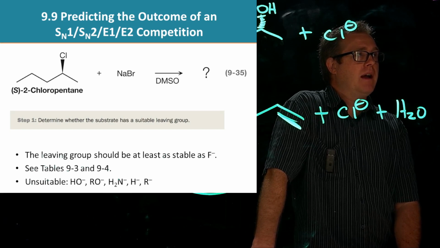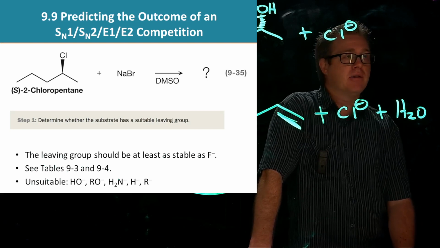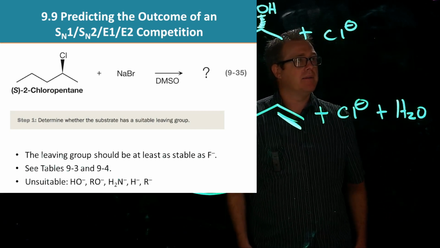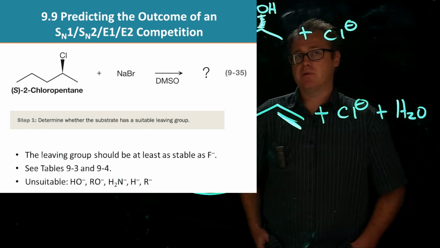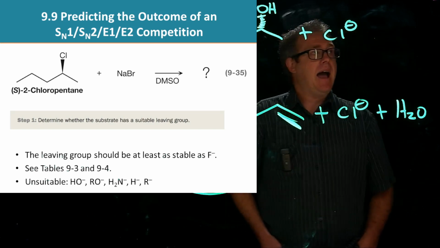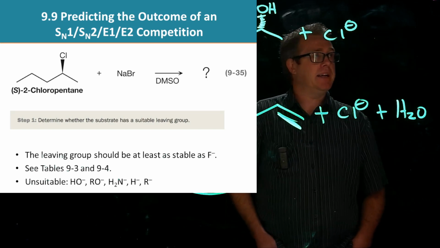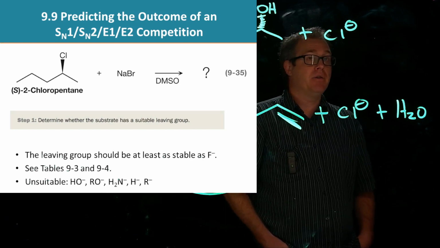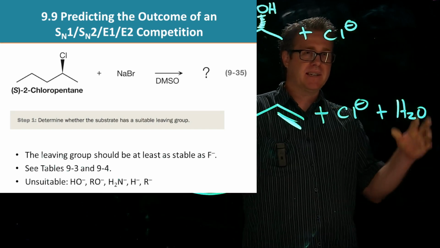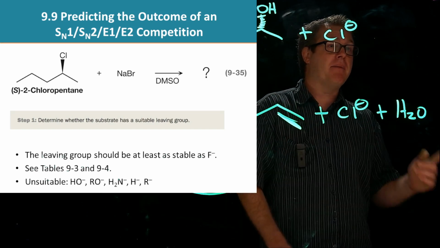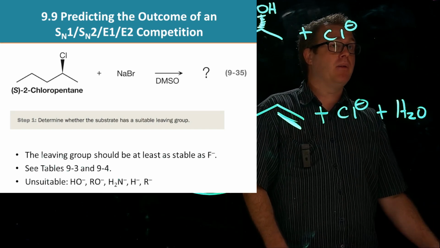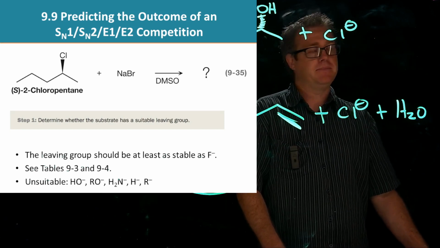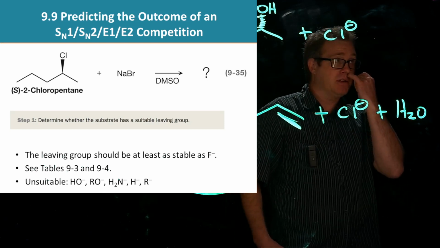Okay, so here's our reaction. We have the chloropentane, and we're going to react that with sodium bromide. Okay, and I'm going to show you step by step how I can look at that particular reaction and figure out what mechanism I'm going to invoke. And once I've decided on a mechanism, I will do that mechanism, and that will show me what products I've obtained and which one's going to be the major.